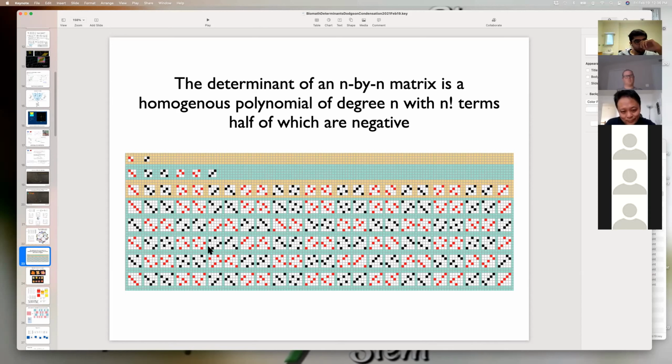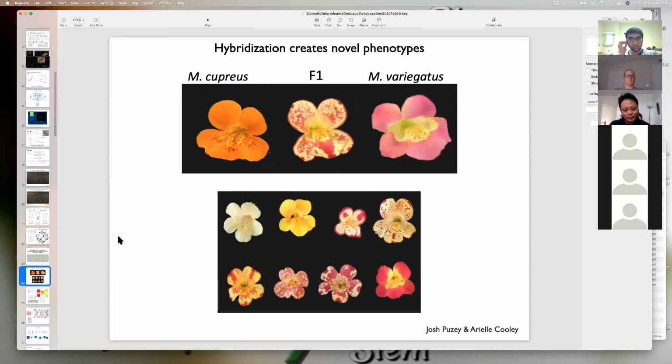You can just think of all the different permutation matrices, the red ones being even permutations and the black ones being odd permutations, and then take your matrix, overlay these matrices of 1s and 0s, and take the element by element product. And out comes this homogeneous polynomial that has the right number of terms and the right degree.